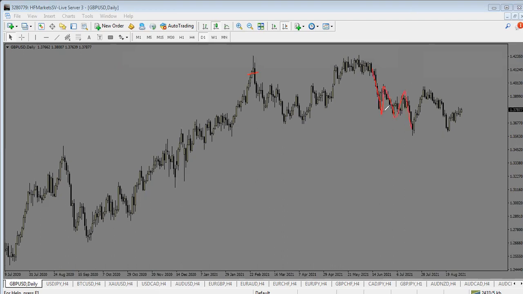Then the second pullback closed below this point. This was our previous support, and it has closed below it, so it has broken that point. Then it takes it back, but even if it takes it back, the structure has already been disorganized, broken.